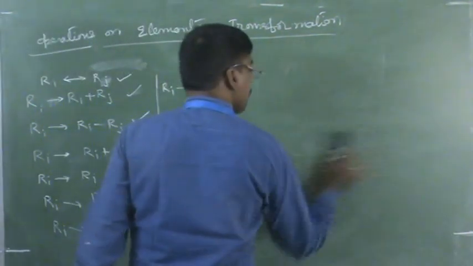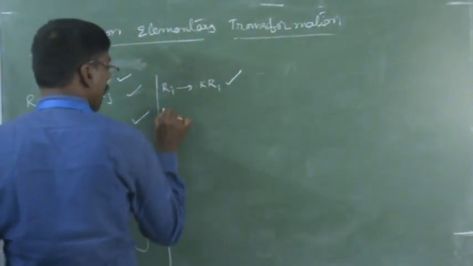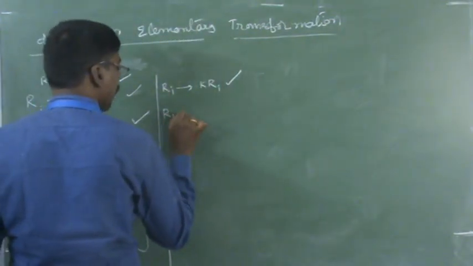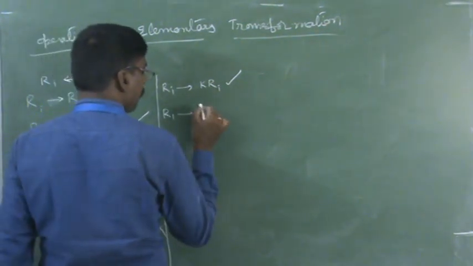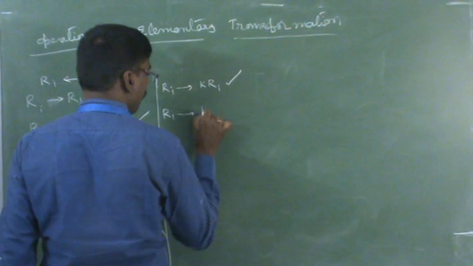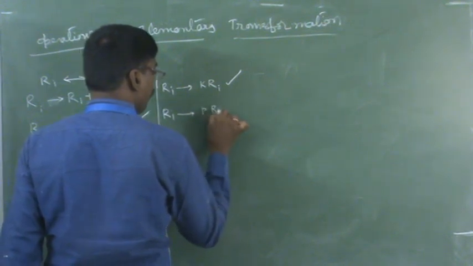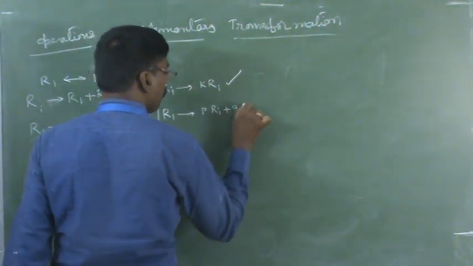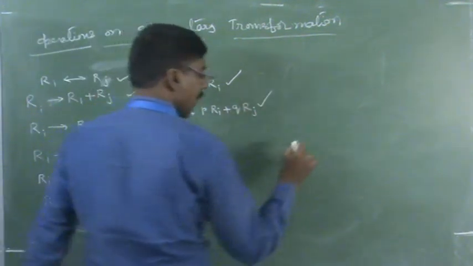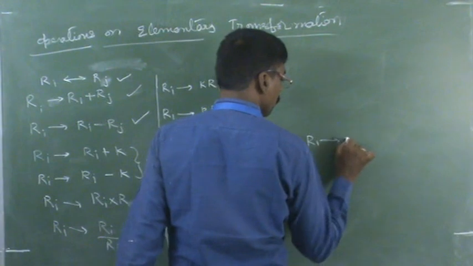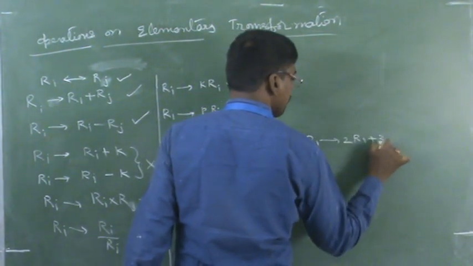Similarly, we have to write Ri tends to some numbers P into Ri plus Q into Rj. This is also existence. That is, R1 tends to 2R1 plus 3R2.